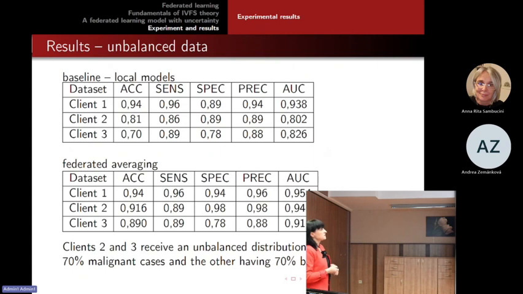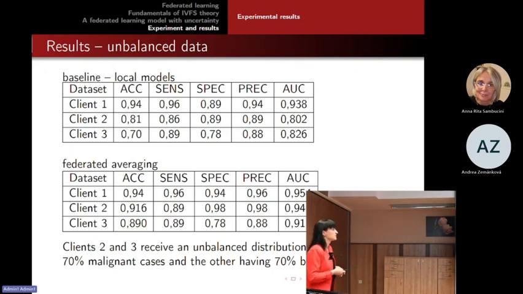And now we will see what happens when we use unbalanced data, and we prepare this unbalanced situation where for the second client the first decision dominates with 70 percent, and opposite for the third, where the second decision dominates. Of course, we study different scenarios for this unbalanced case, but we always obtained similar situations.